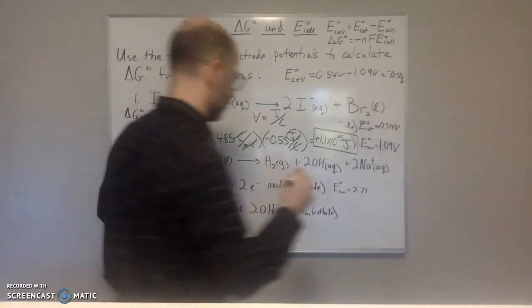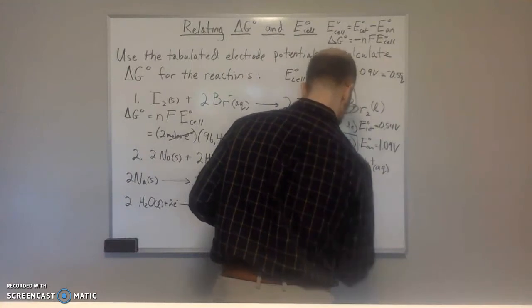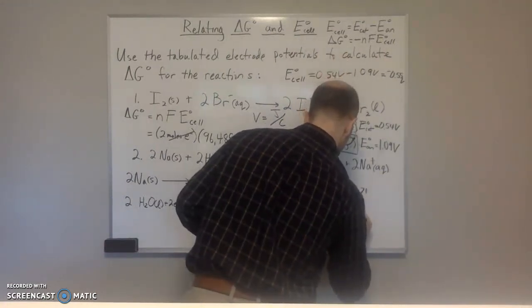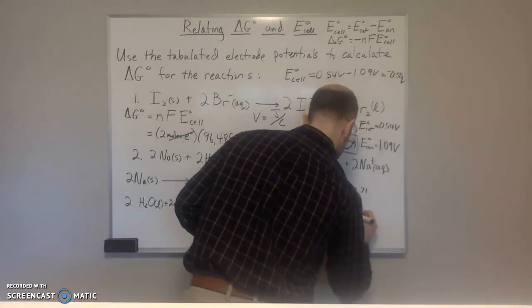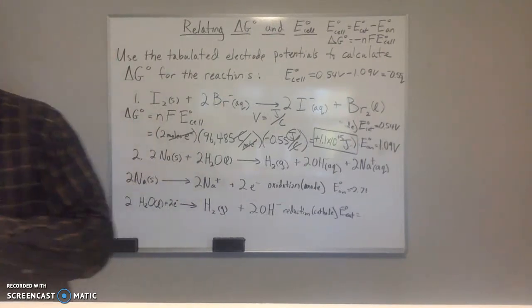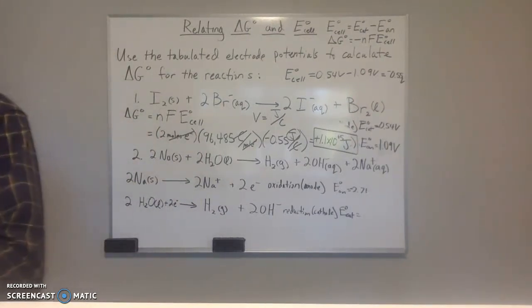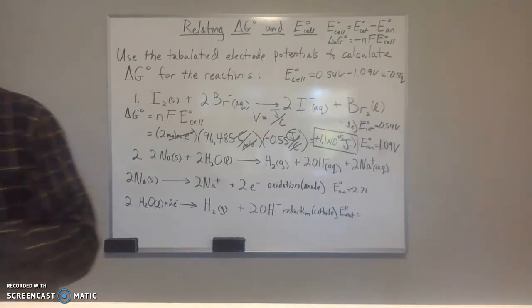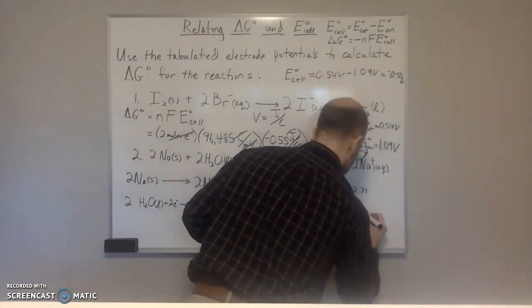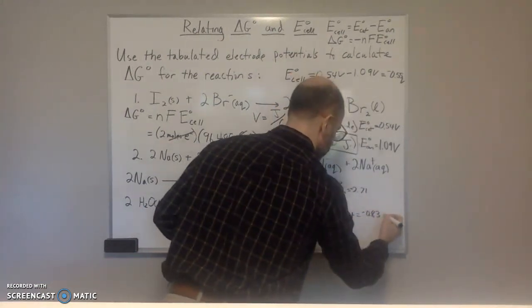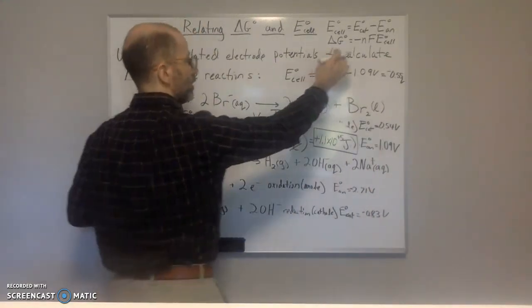Yeah, negative 2.71 for the anode. I'm sorry, for the cathode. For this reaction with water, that's going to be -0.83 volts.